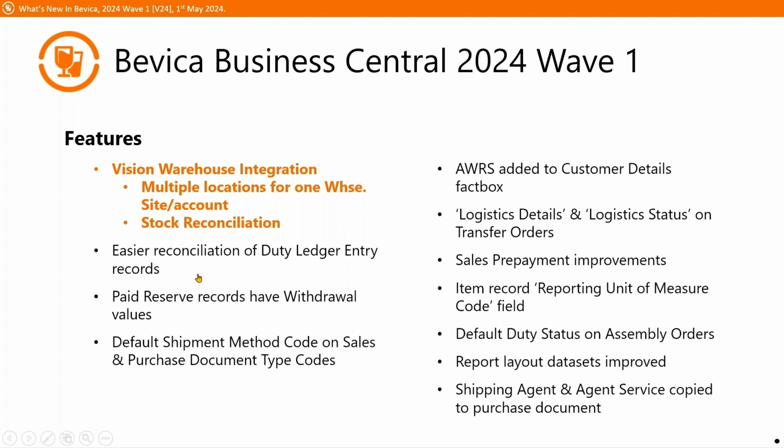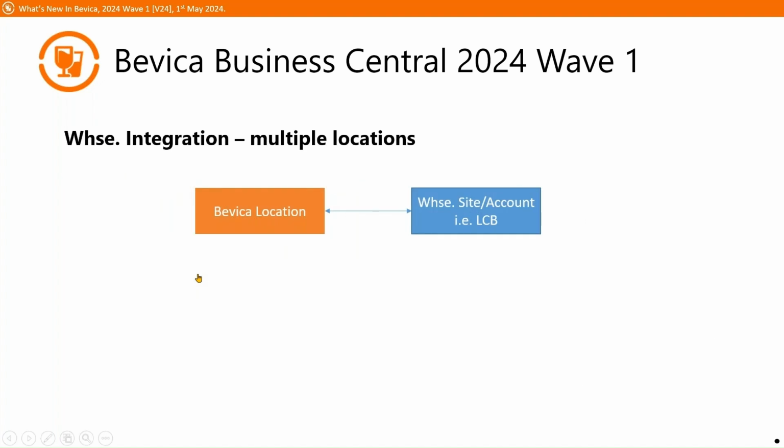So those of you using Vision warehouses, so warehouses like LCB, we've changed the structure slightly so that you can make more use of locations with your one warehouse site. And then we have stock reconciliation. So from the multiple locations feature that we've changed, this is how currently the integration works.